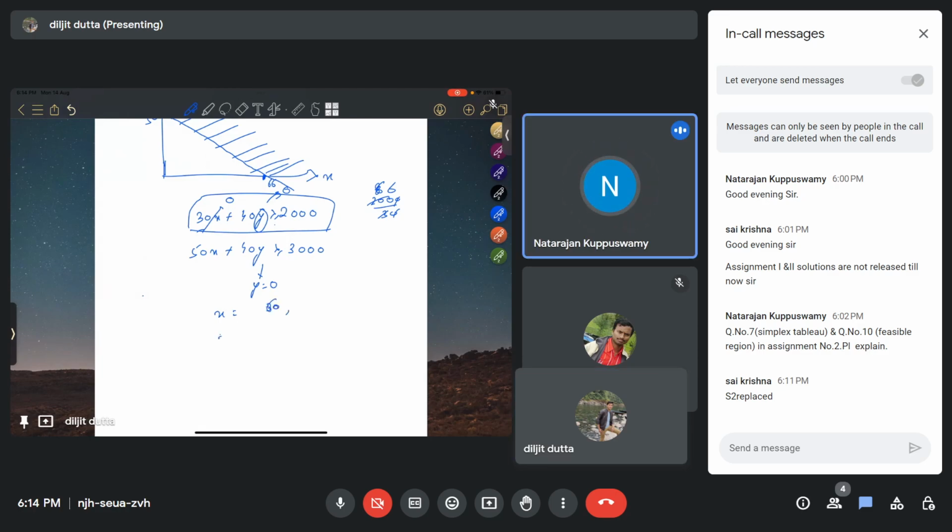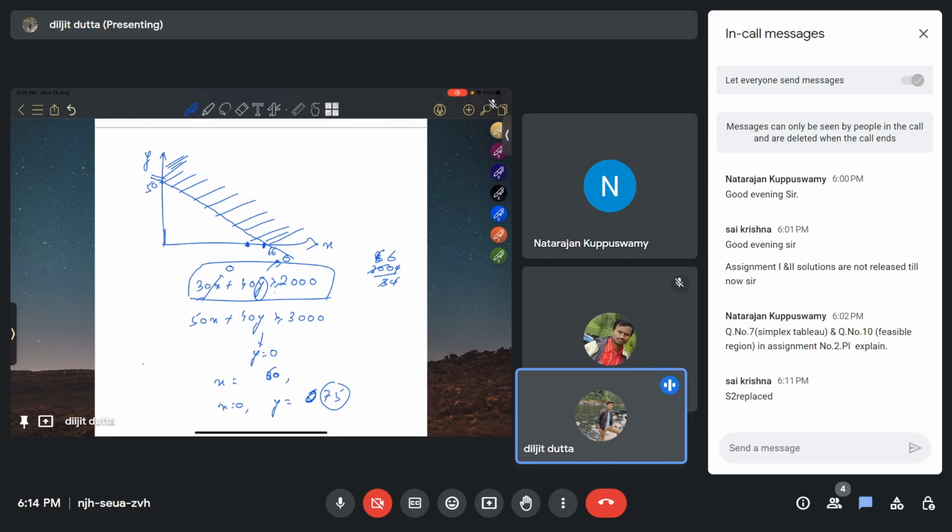If x equals 0, y equals, I think, 75. So one coordinate is 60 and the other is 75. The lines intersect somewhere here, and based on this equation the feasible region will be the outer region of this.